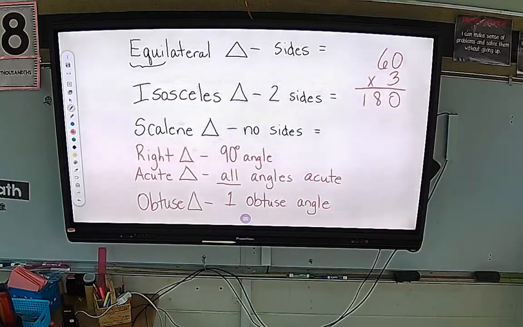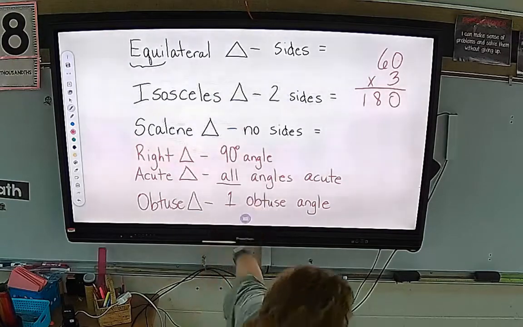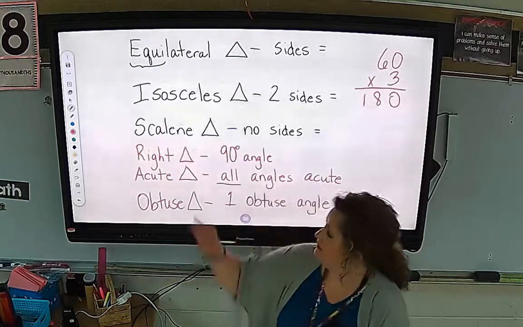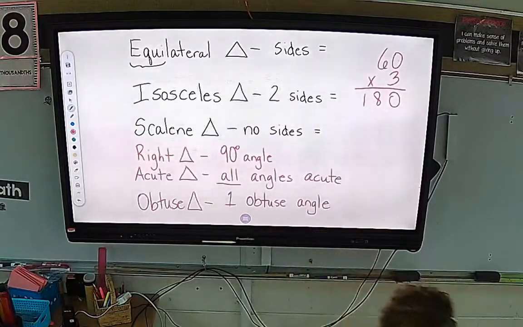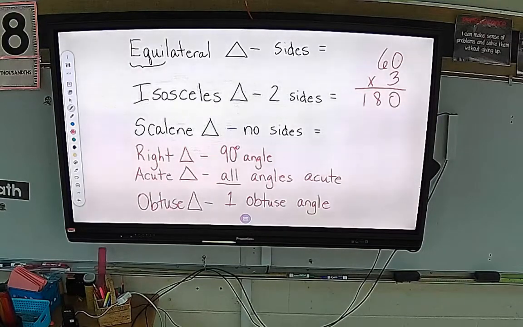Now, like the song was saying, I can look at a triangle, you can look at a triangle, and we can give it two different attributes. We can give it an attribute by its sides and by its angles. Like, let's look at triangle A right here. We said that all of the angles were acute. So if all of the angles are acute, it's what kind of triangle?